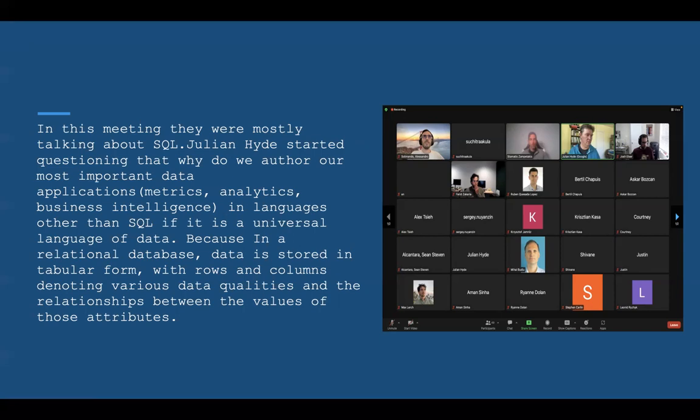I got to know the answer is that in a relational database, data is stored in tabular form, which is rows and columns, denoting various data qualities and the relationships between the values of those attributes. So Julian discussed these kinds of things.